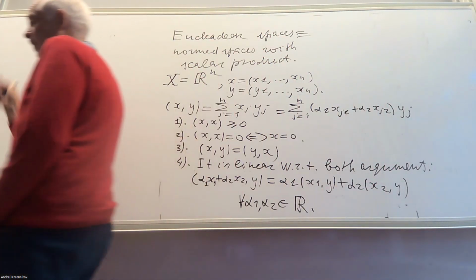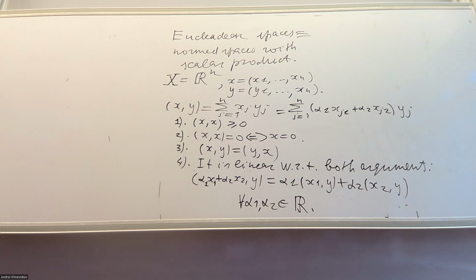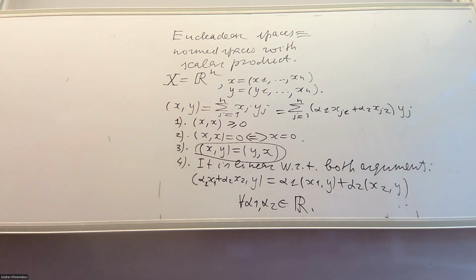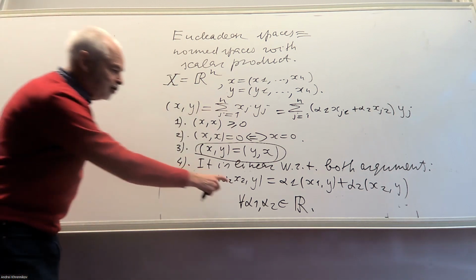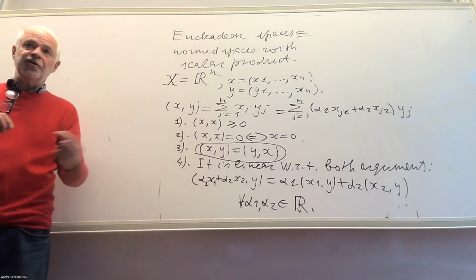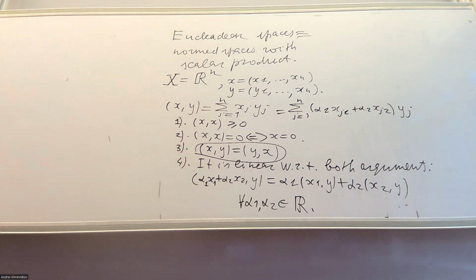And then we just open brackets for usual real numbers. Since scalar product is symmetric, in fact, it's enough to have linearity only with respect to the first argument. If I now put this block in the second place, I can change the places and again open brackets.